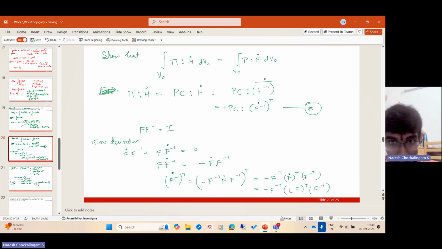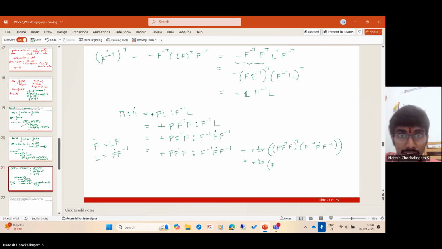F inverse dot is minus F dot F inverse, and this F goes to the other side. So F inverse transpose is transpose everything: minus F inverse transpose LF F inverse transpose, and minus F inverse transpose. This is fine.